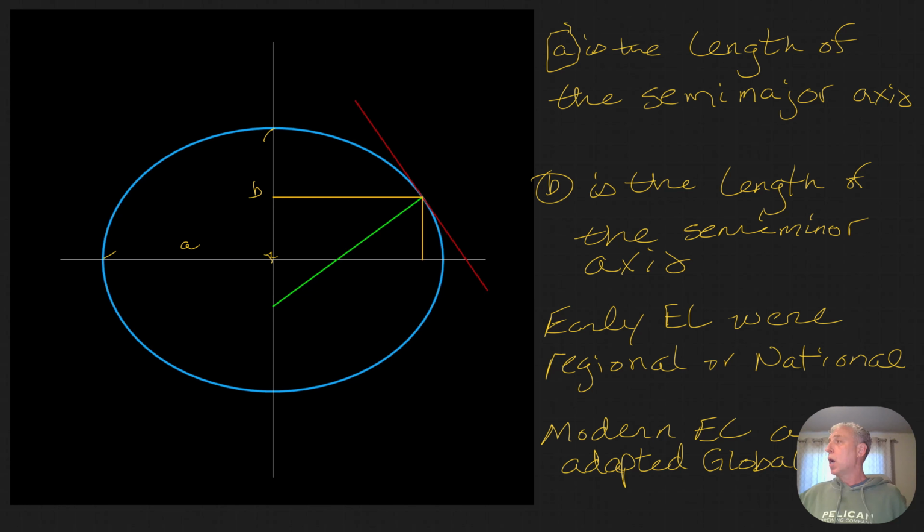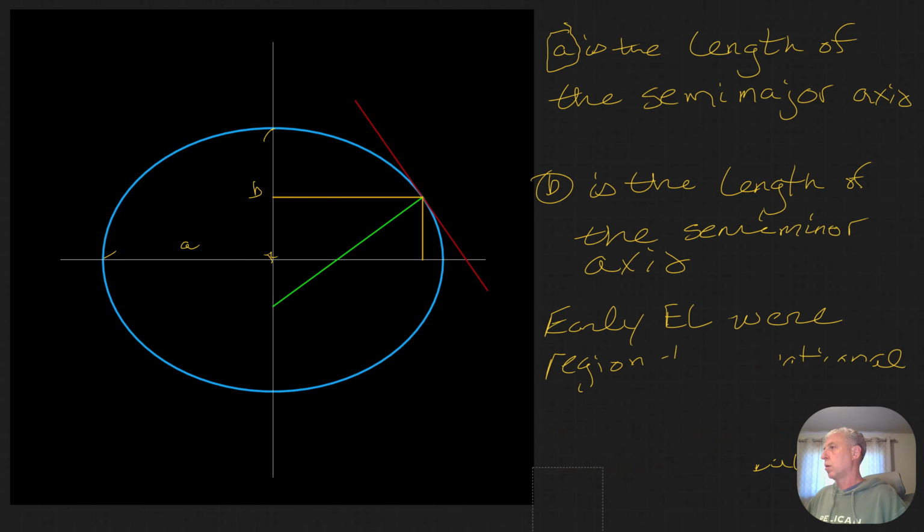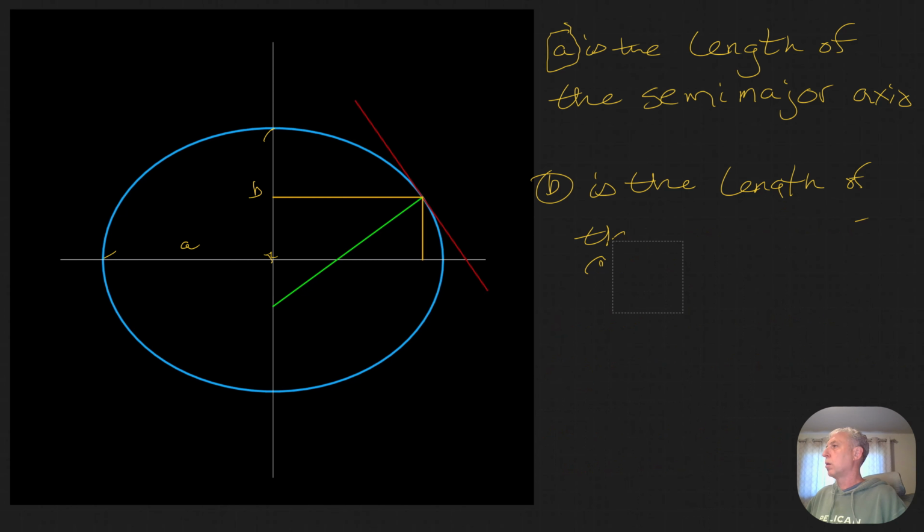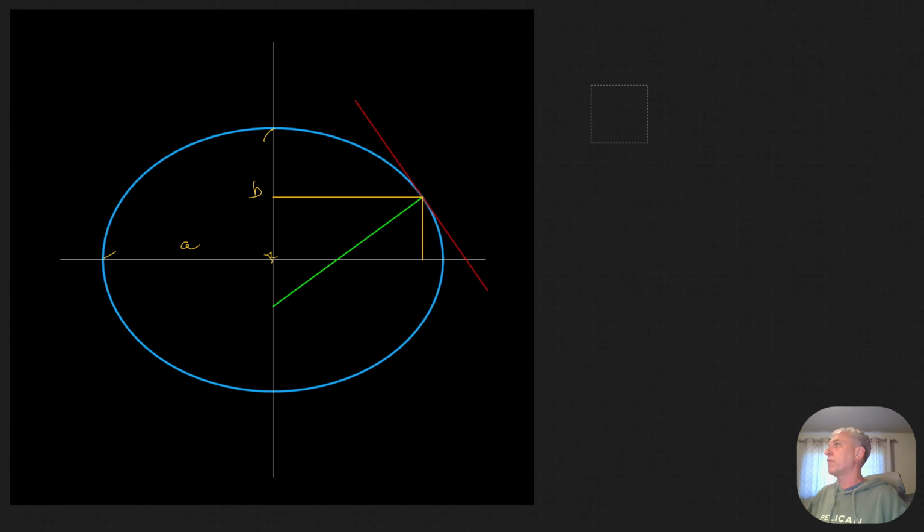Okay, so I'll just erase this. Just a little background and definition. We have these lengths of the semi-major and semi-minor axes. For early ellipsoids, the actual A and B numbers are what would be reported.